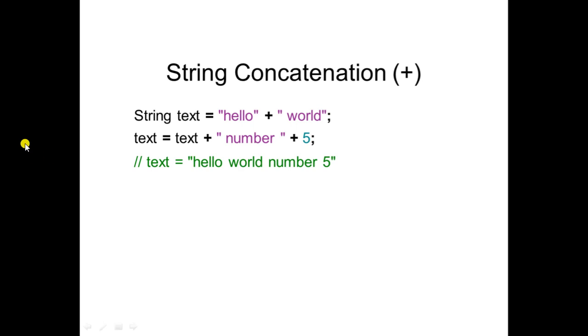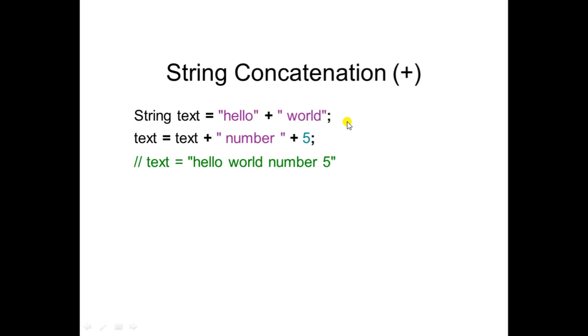You have created one variable named text with type String, right? And what value are you assigning here? Hello, concatenated with the word. On the next line, if I print System.out.println text, what will get printed on the screen?